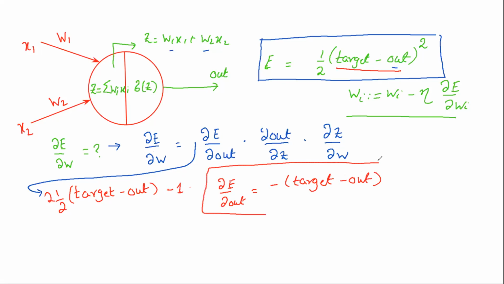Means the first term has been computed. Now here we are computing derivative of output with respect to z. So what was output? Output was actually sigmoid of z. So in other words, we have to take the derivative of this with respect to z. And if you remember, first half of week 2, we computed derivative of sigmoid.